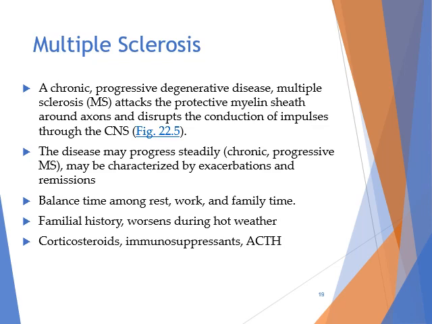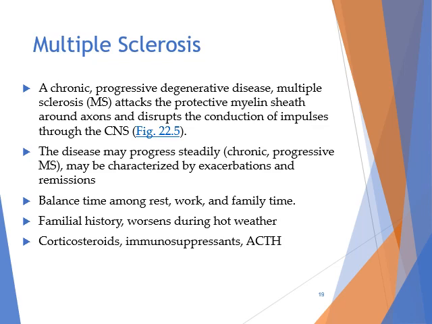So their symptoms decrease and they get to do more things. They need to balance time among rest because they can get really tired easily. So balance time among rest, work, and family.